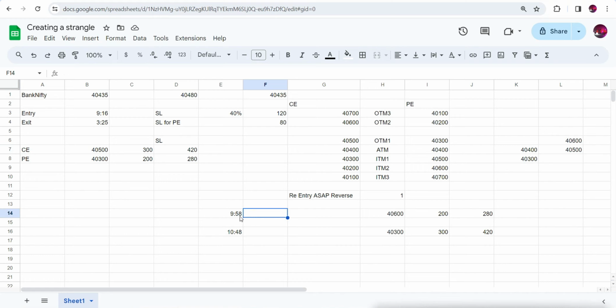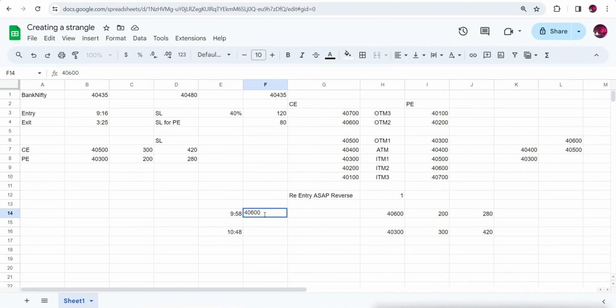For example, assume at 9:58 the Bank Nifty spot price was 44,800, so the at the money strike was 44,500. So one strike out of the money call was 44,600. So at 9:58 it will select the 44,600 strike.